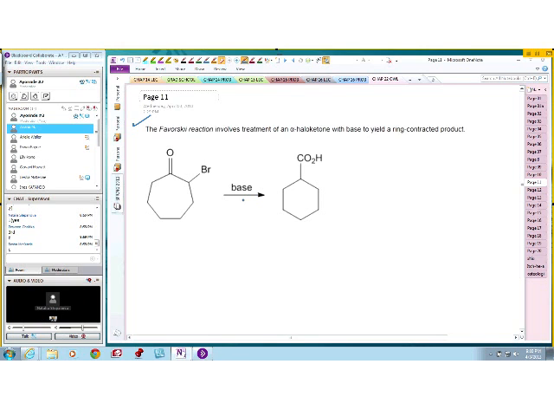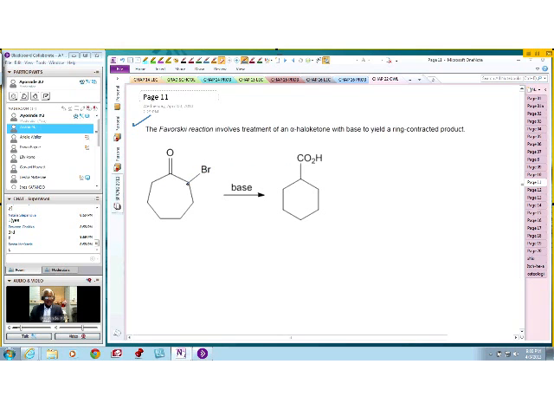The Favorski reaction involves treatment of an alpha haloketone with base to yield a ring-contracted product. Okay, thank you. Very good. So the Favorski reaction involves treatment of an alpha haloketone. This is an alpha haloketone.